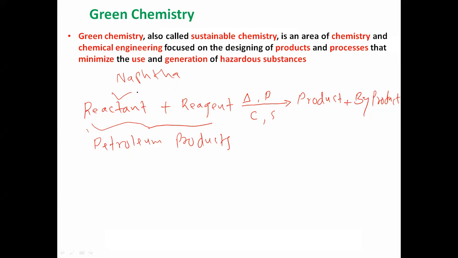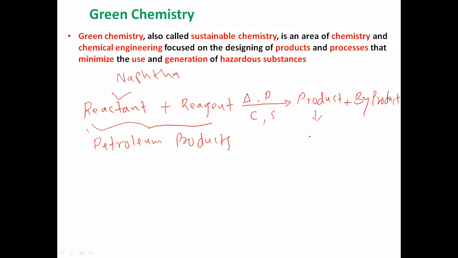Say, for example, I could say benzene, toluene, xylene, maybe aliphatic hydrocarbons, octane, hexane, several hydrocarbons. So this naphtha is a source of these hydrocarbons. We commonly call them petrochemicals, and they are actually reactants or starting compounds or sometimes reagents also to manufacture the several products which we enjoy in our daily life.